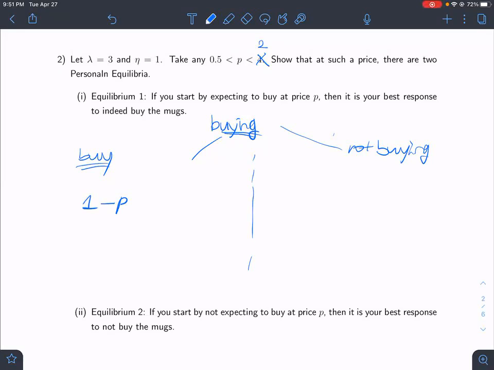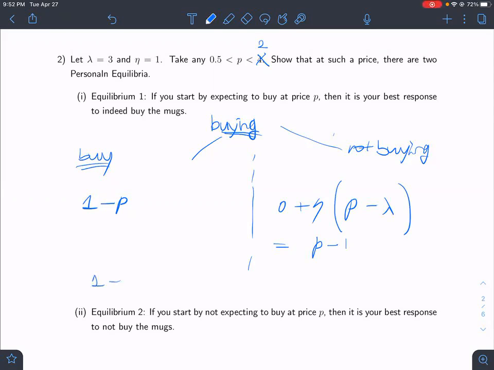And if you don't buy the mug, then you end up with 0. The 0 is the consumption utility plus eta, and then you save P dollars, and then you sacrifice lambda. You sacrifice one mug, so we multiply lambda here. So this is P minus 3.